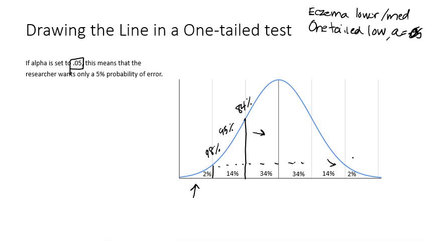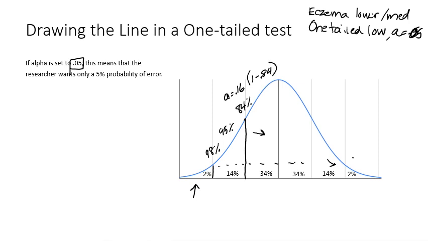Where did the 95% come from? Well, we're looking at the odds that our score is in the tail. So 84% would be the same as saying alpha is 0.16, because that is obtained by taking 1 minus 0.84, or 100% minus 84%.